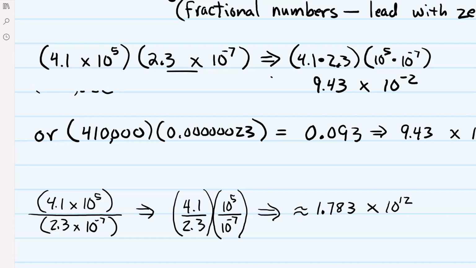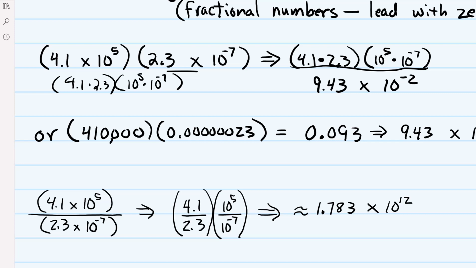Here is what I recommend you do. Since this is all multiplication, the order doesn't matter. So rearrange the two numbers, 4.1 times 2.3, and then multiply the powers, 10 to the 5th times 10 to the negative 7th, which is what I did right here. 4.1 times 2.3 is 9.43.